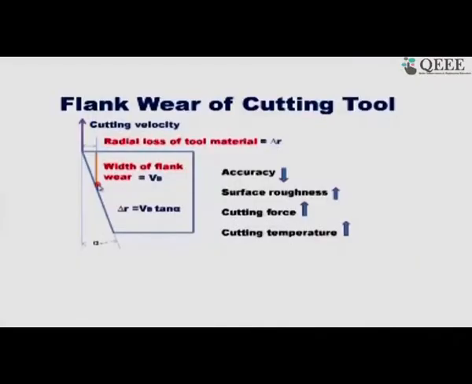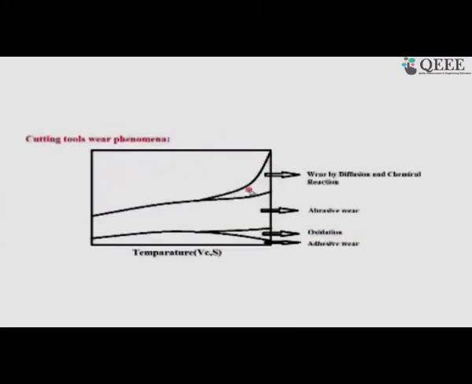So, naturally what is our objective here? Our objective here is how to minimize this radial loss and, as a consequence of that, how to minimize the width of the flank wear, and for that you must have the best possible candidate as a tool material, so that, as in this particular slide I have just shown you, you do not open the floodgate for diffusion or chemical reaction.